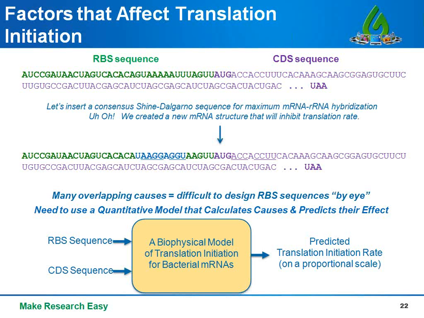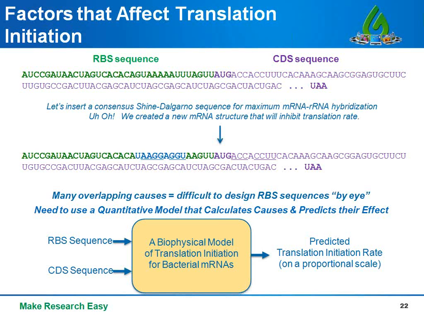So Howard Salis at Penn State has worked very hard on this to create a biophysical model of translation initiation for bacterial mRNAs, or messenger RNAs, I'm sorry. And that model will take as inputs your RBS sequence and your CDS sequence, and it will output an RBS that has been designed for you to give you translation initiation of the rate that you desire.